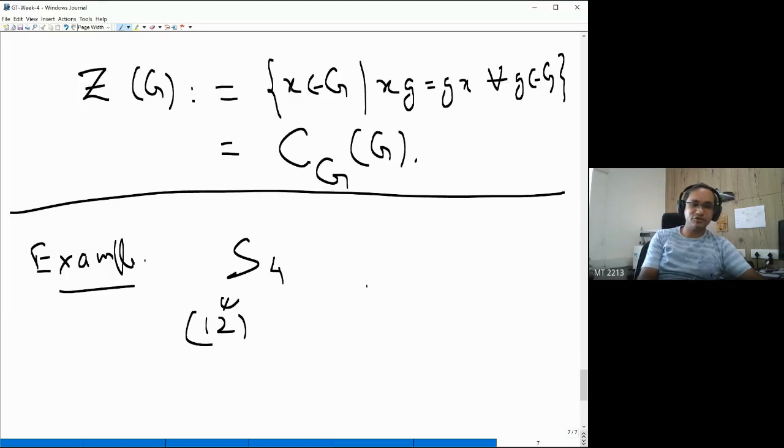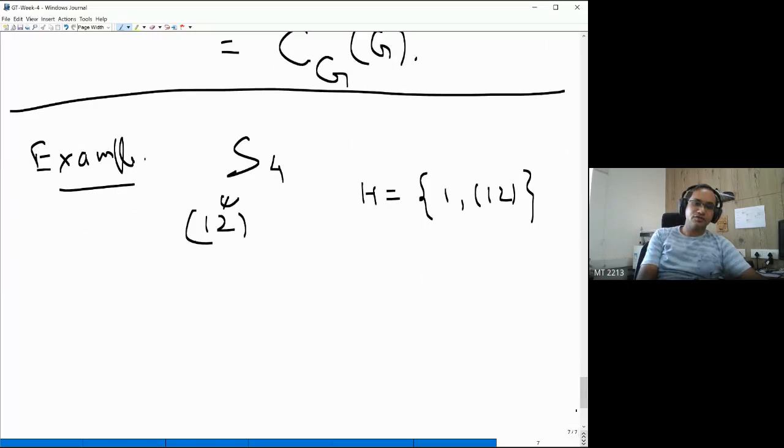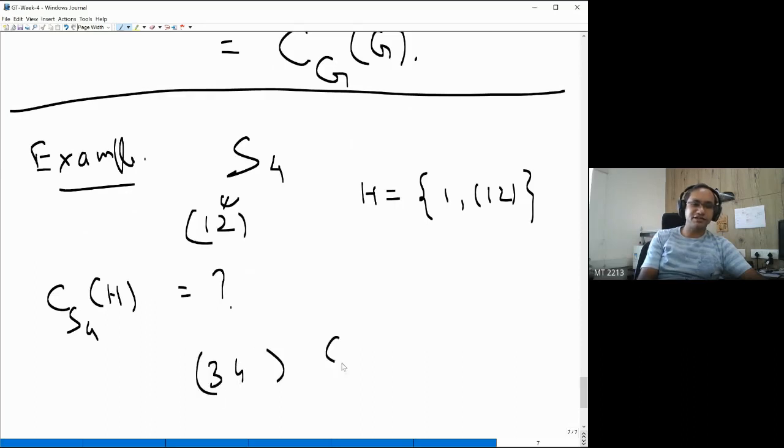So I can make the subgroup H equal to {1, (1 2)}, because it's an order 2 element, so this will become a subgroup, right? Now, what is supposed to be the centralizer of H in S4? My claim is that (3 4) belongs to the centralizer.